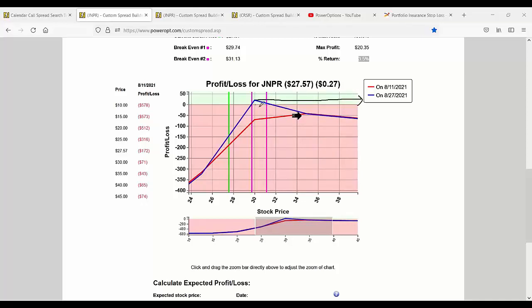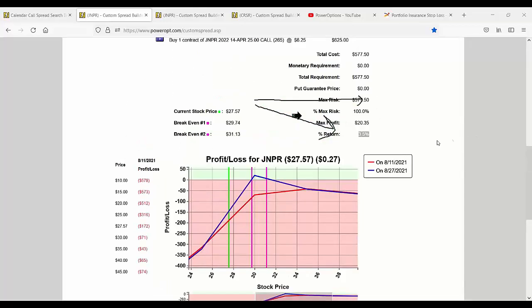In this case, the position starts to go into a loss because it wasn't set up correctly. The question from the investor, though, is how am I seeing a 20% return when my debit's higher than the difference in strike prices, so that if I get assigned, which I'm hoping for on my calendar spread, I won't make any profit? And you're right. That's why we used that filter for the debit to strike difference ratio to be less than 1.